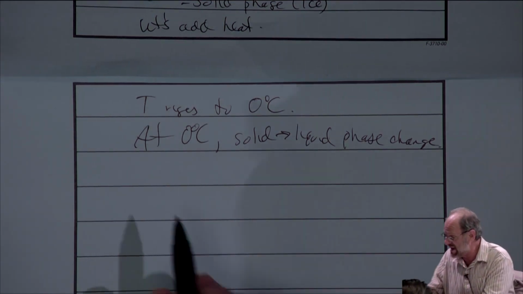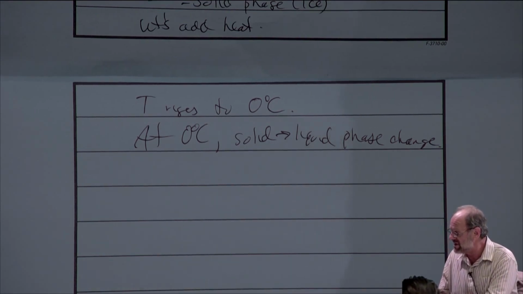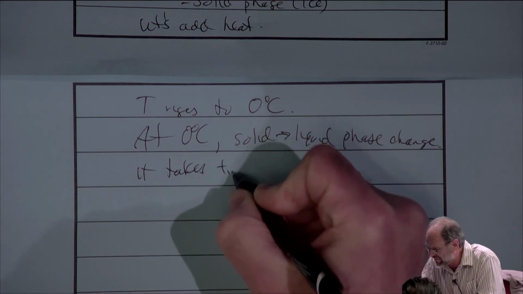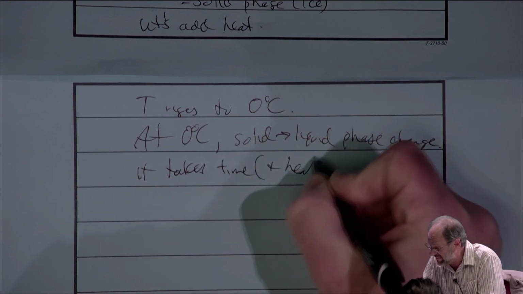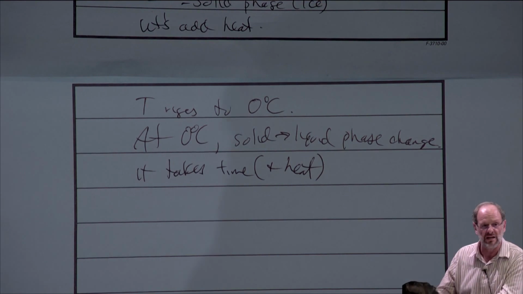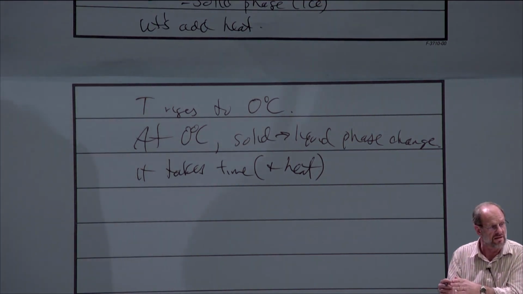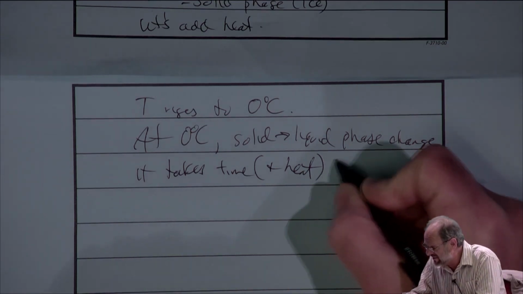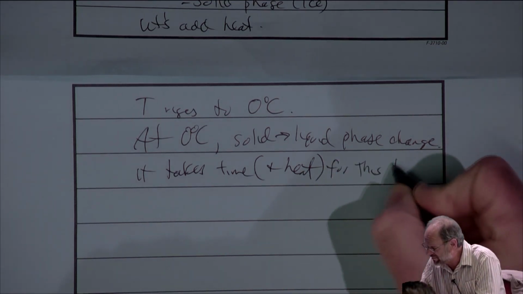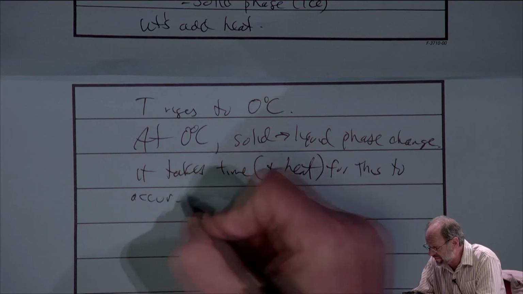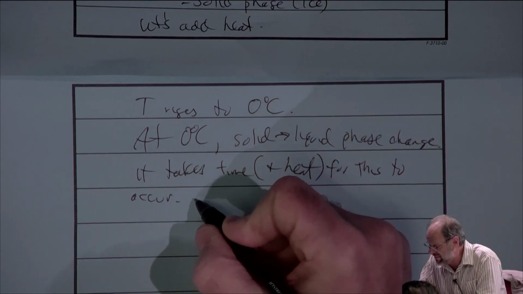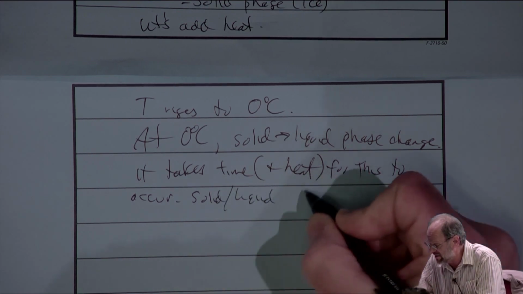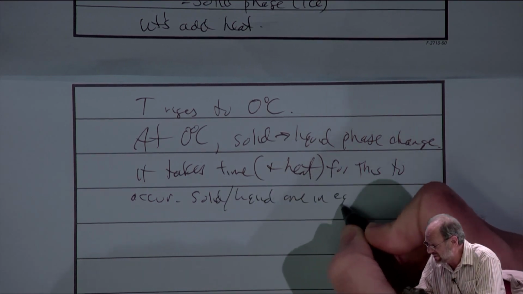So we need to understand that at 0 degrees, we have a solid-liquid phase change, and it takes time and heat. You add a little bit of heat, some of the ice is going to melt. You add more heat, the rest of the ice is going to melt. So it takes time and heat for this to occur. In the meantime, we say that the solid and the liquid are in equilibrium.